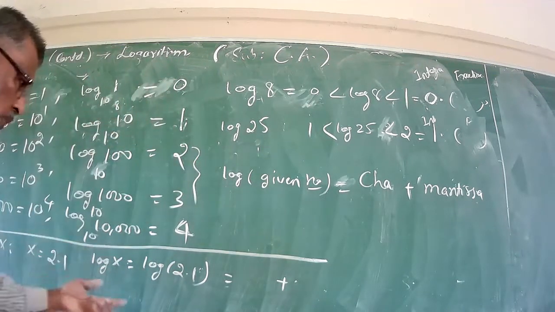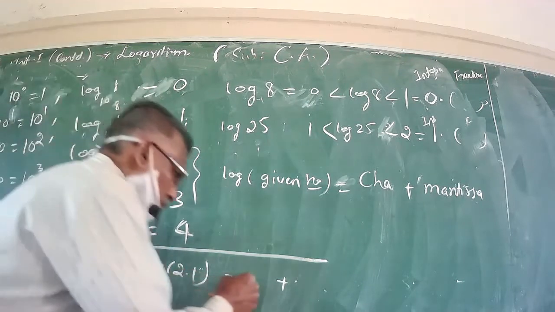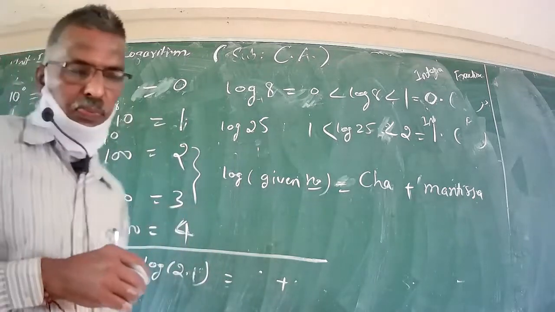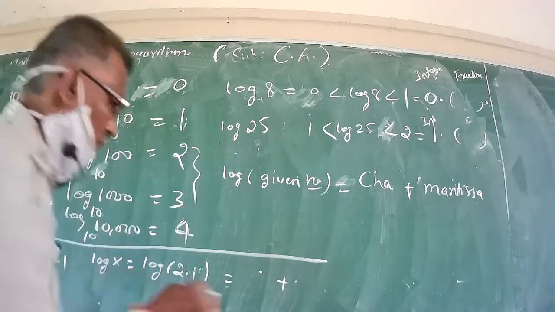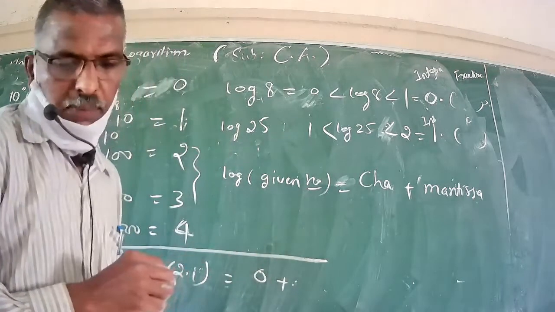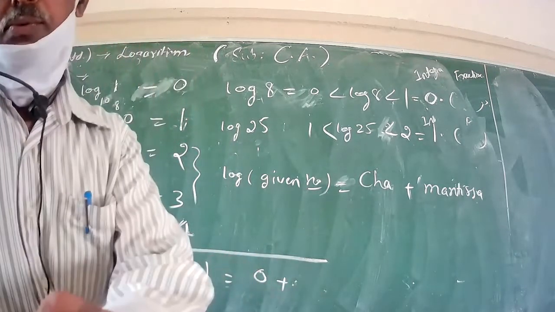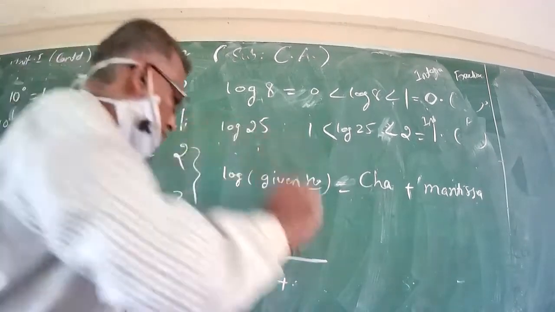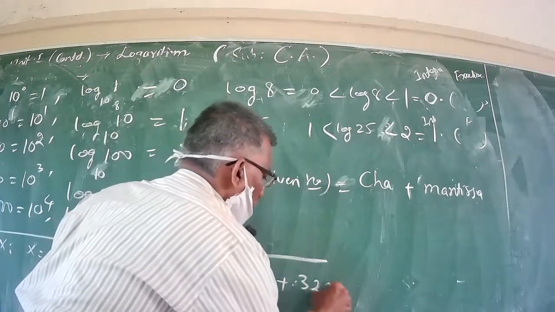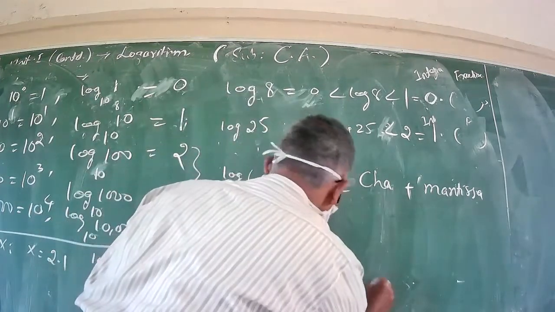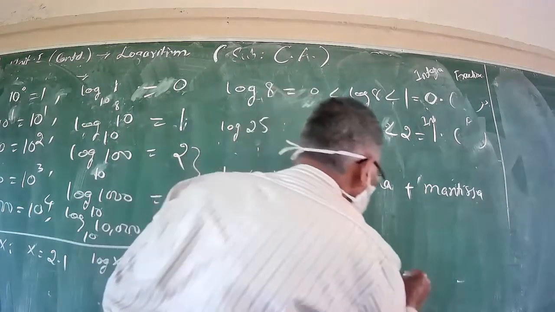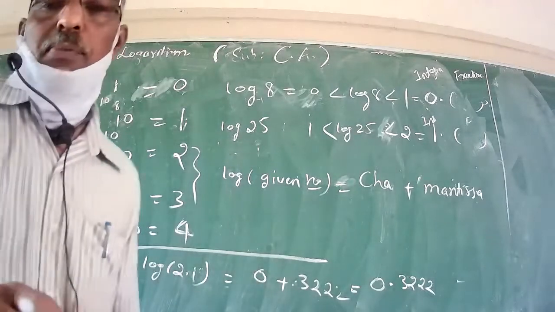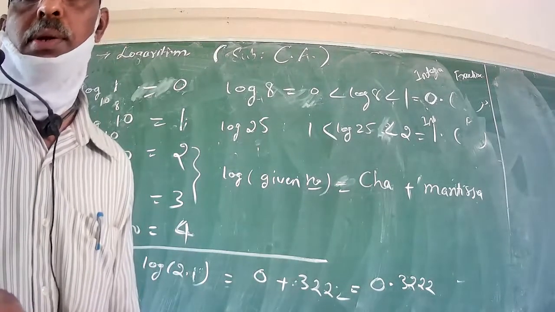So the characteristic part is 0 plus a Mantissa part. Using the table, this is 3222, so the logarithm of this number is 0.3222.